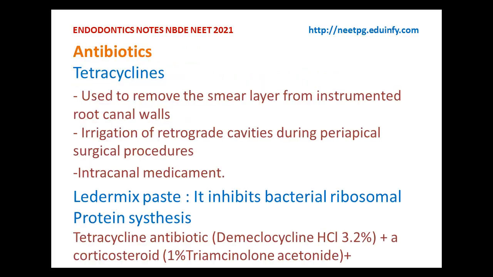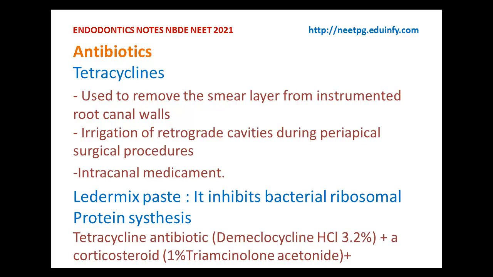Next comes the antibiotics. Tetracyclines are used. Ledermix paste is used. It is used to remove the smear layer from instrumented root canal. It is used as irrigation of retrograde cavities during periapical surgical procedures. Ledermix paste is a combination of three products.